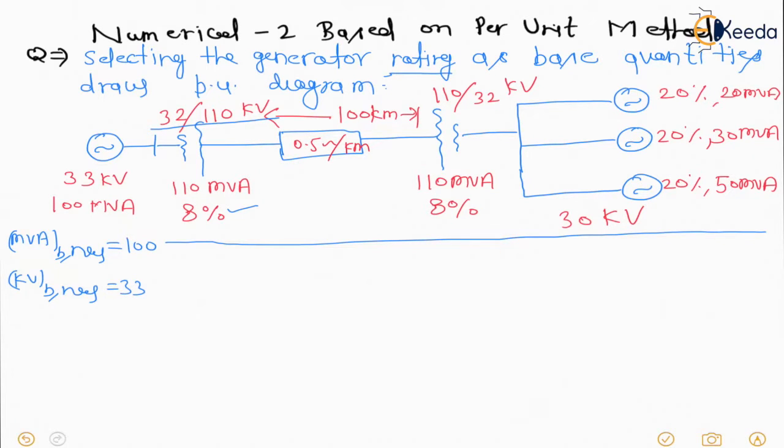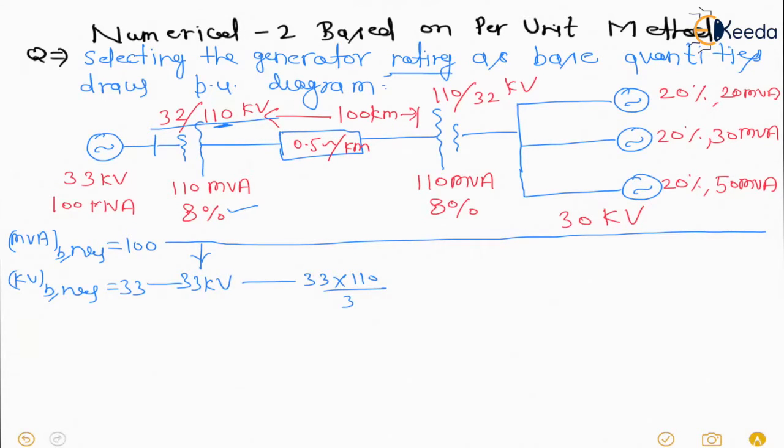When we write the new value of base voltage, we should always remember that the base value will be same until the transformer comes, and the value will change on the other side of the transformer. So 33 kV will be for the first transformer and it will change for the transmission line. It will not be 110 kV this time, it will change according to the transformation ratio.